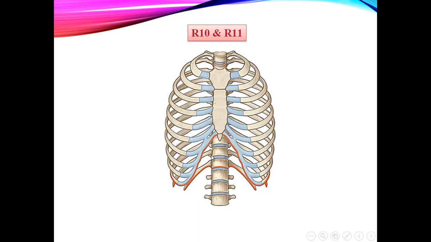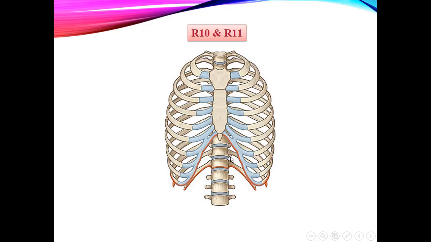R10, R11, and R12, as you see, articulate just with one vertebra. As I said, the head of each typical rib articulates with two vertebrae, with the corresponding vertebra and a vertebra above.